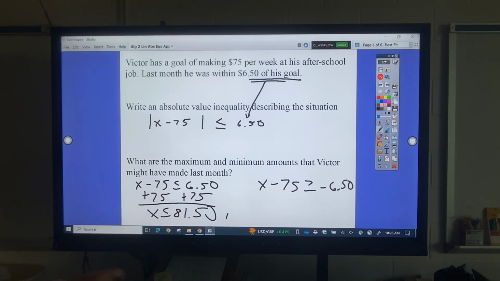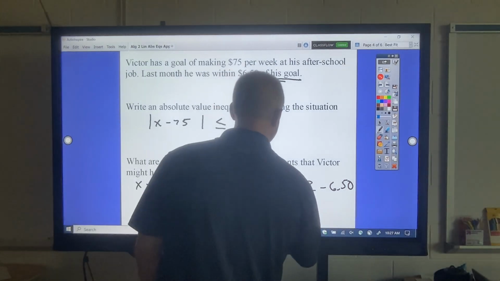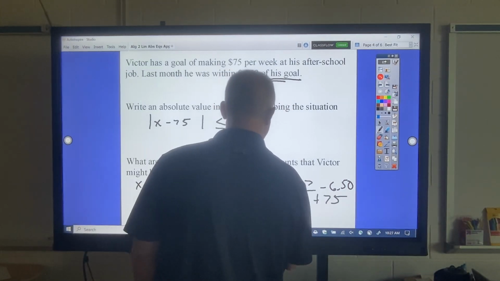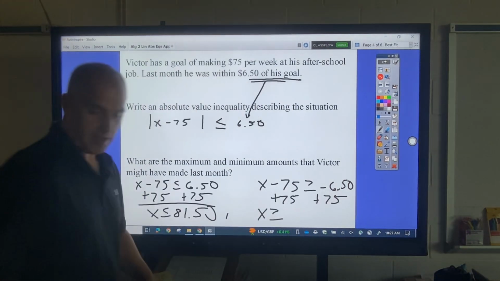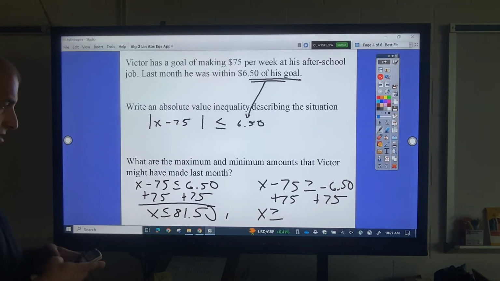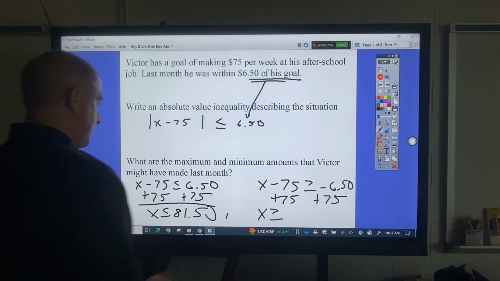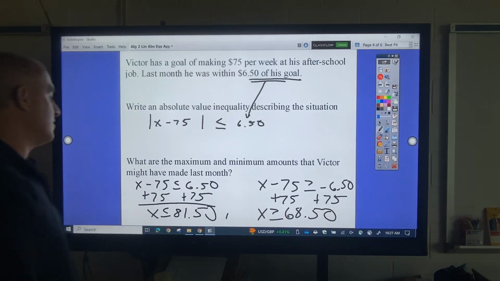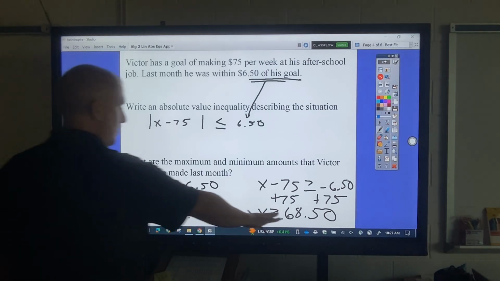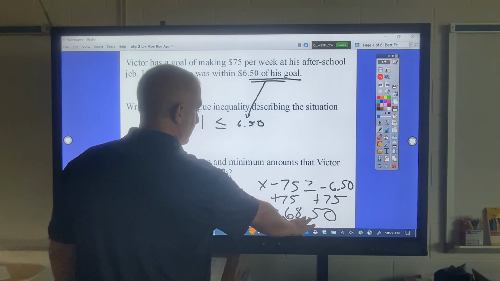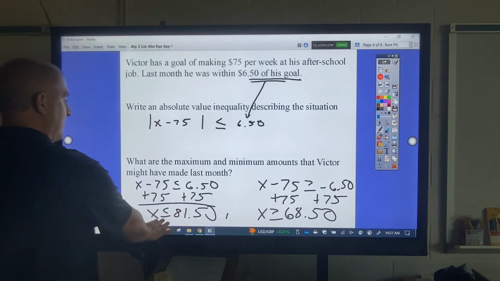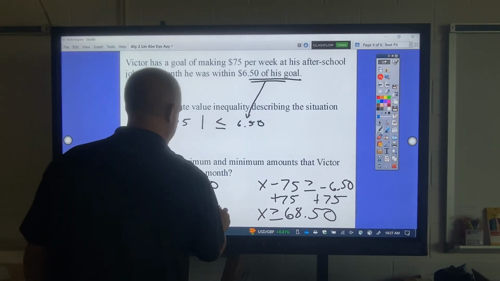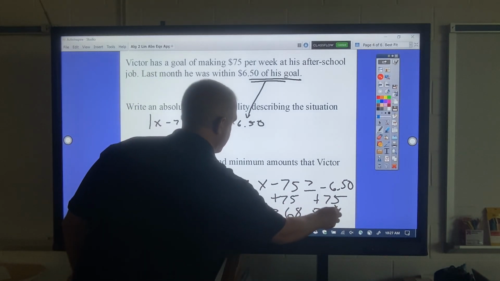If I add 75 to the other side, negative 6.5 plus 75 is 68.50. What are the minimum and maximum amounts? You'd be greater than or equal to 68.5 and less than or equal to 81.5, so this is the maximum and this is the minimum.